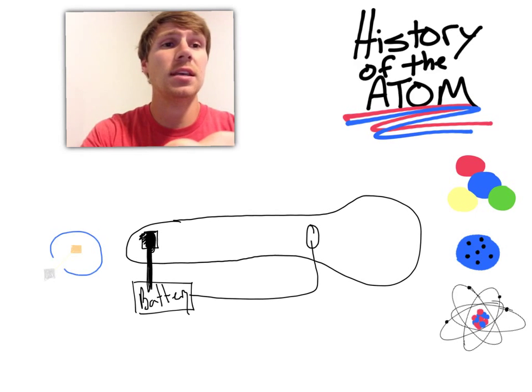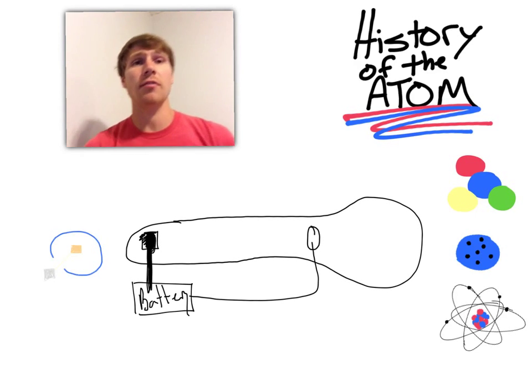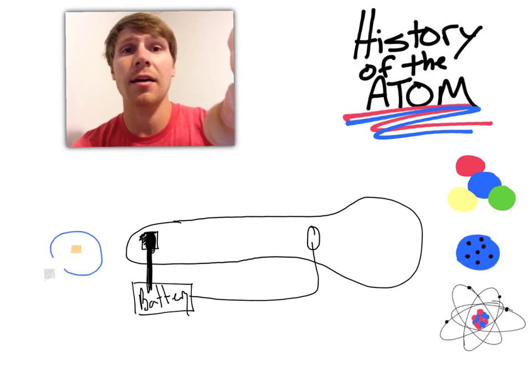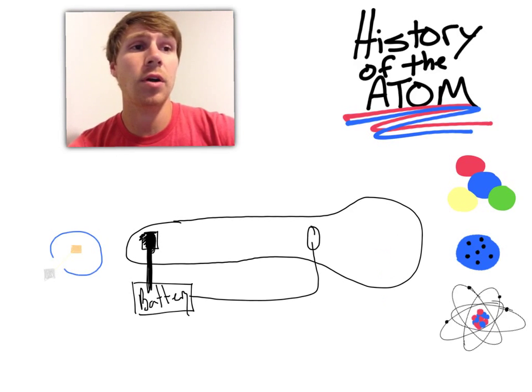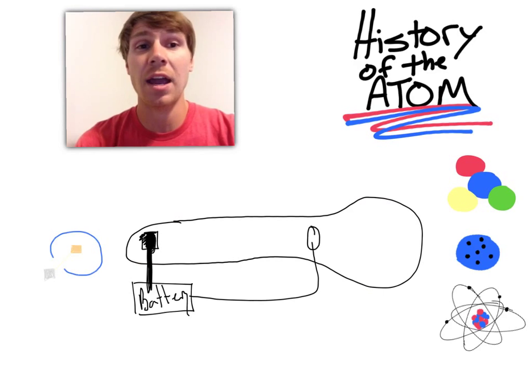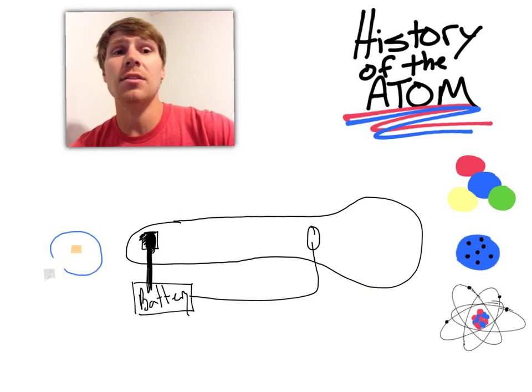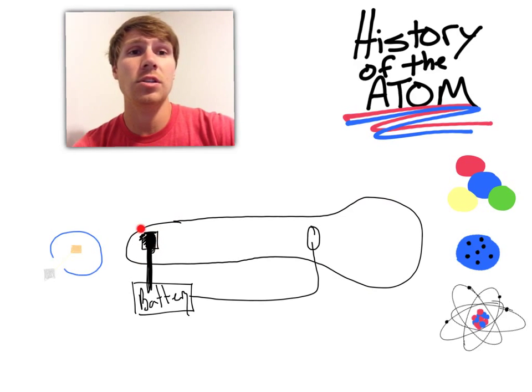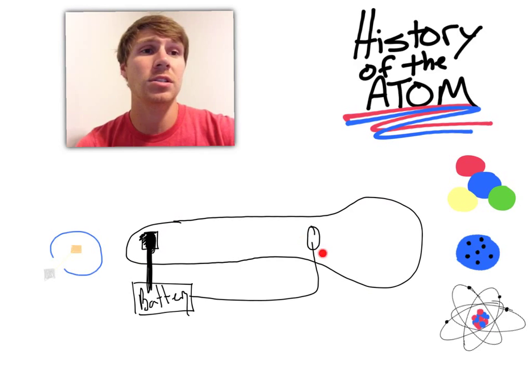It's a very crudely drawn picture of a cathode ray tube, but what we have here is a tube that has a vacuum, meaning there's no air inside of it, and you're going to see that there are two electrodes. There is a cathode, which is a metal disc here, and an anode, which is a second metal disc.